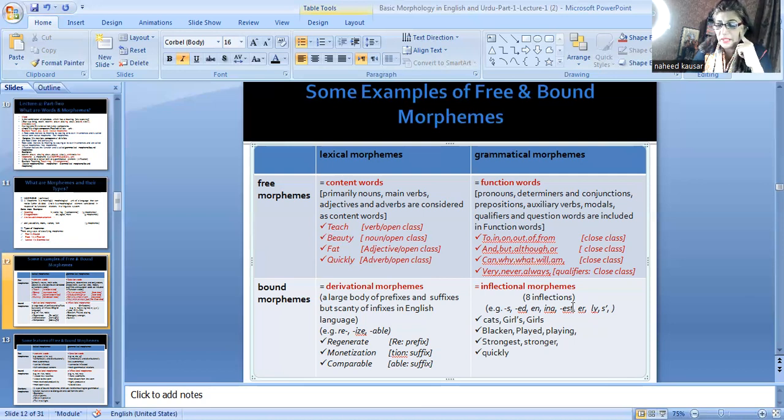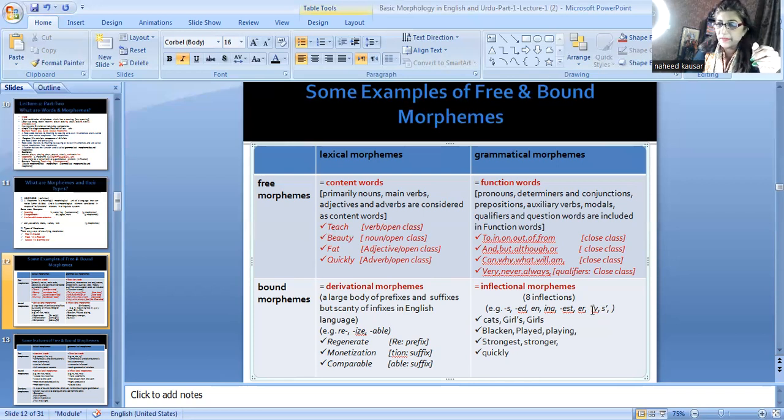Similarly, EST is another inflection which is used in the superlative form of adjectives. Similarly, ER is a comparative degree marker used in adjectives to make comparisons.